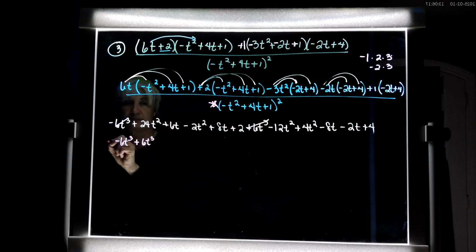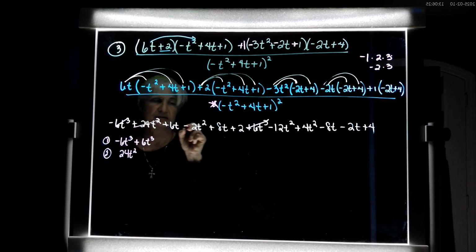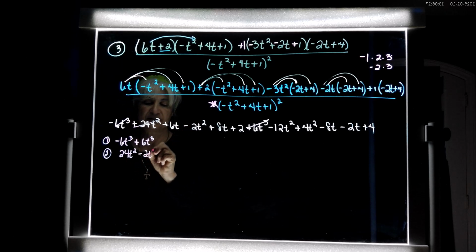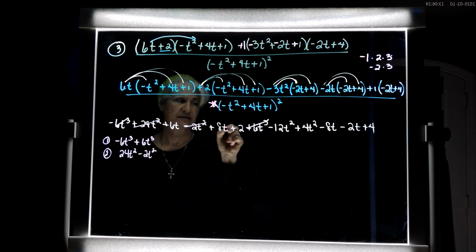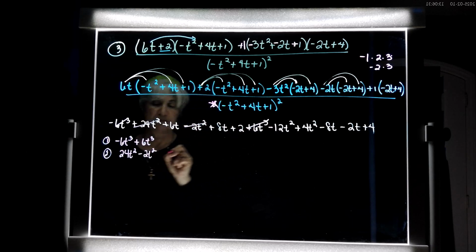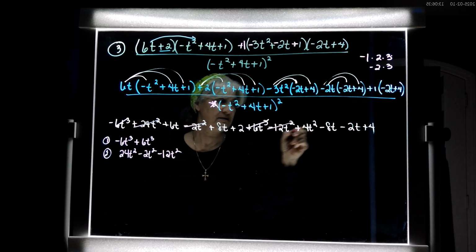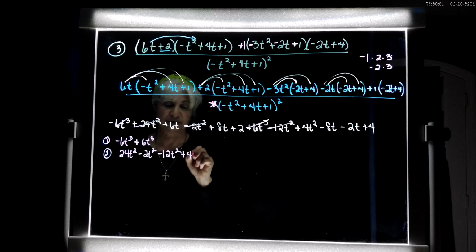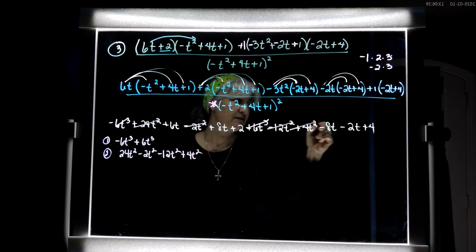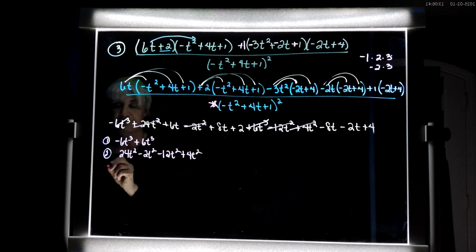Okay, got it. So there's one, right? And then we have another, t squareds are next. So we have a 24t to the second, a -2t to the second, a -12t to the second, a +4t to the second, and that's it. Okay.